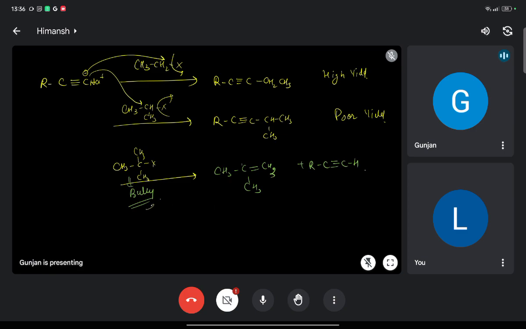So if bulky, always remember elimination will dominate over substitution. Got it? Yes, ma'am. Got it, ma'am. For bulky groups, elimination will be more prior than substitution. Yes. Correct. Okay.